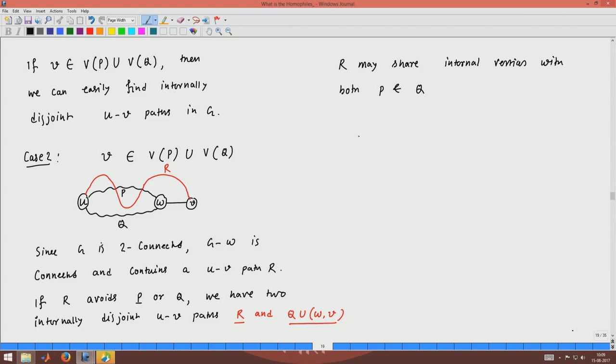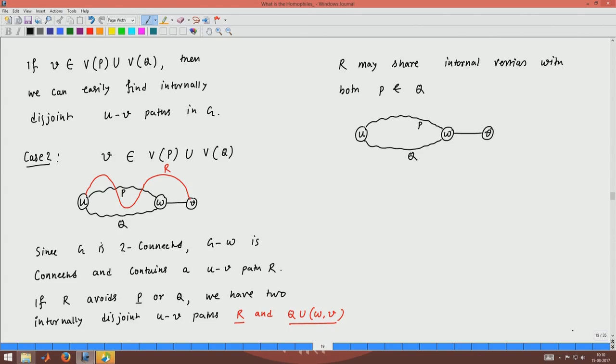Okay. So, in this case, let me draw the figure again. So, U W V, the distance between U and W is k minus 1. So, by induction hypothesis there are two internally disjoint paths P and Q between U and W. Now, since the graph is two connected, if you remove W from the graph it still remains connected.